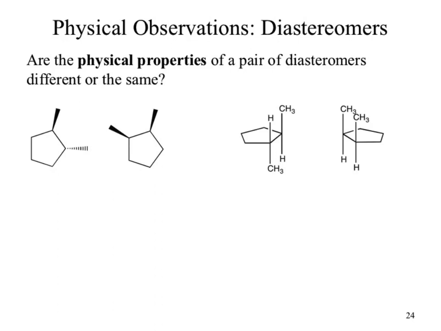And in the Haworth, we can see that we have perhaps our ring, one up and one down. And the other one, we have them both up. Is that going to change how those molecules interact with other molecules? Yep. Which means their physical properties are different. Which means anything that we do in the lab would allow us to differentiate these because they have different intermolecular forces. That's pretty awesome.